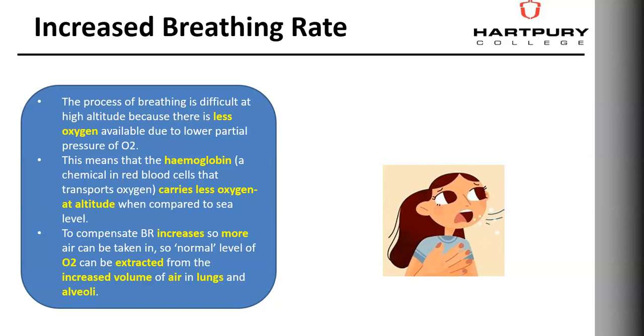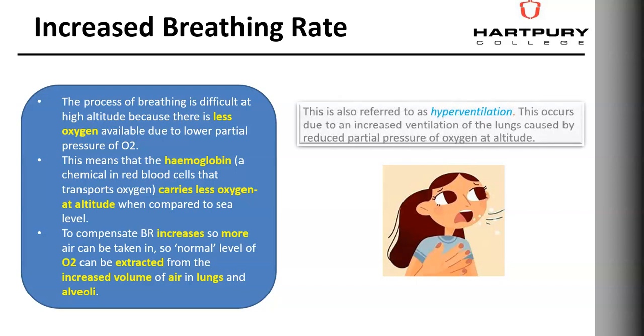This means that hemoglobin carries less oxygen at altitude when compared to sea level, so we compensate by increasing our breathing rate so that more oxygen can be taken in and extracted, increasing that volume of air in the lungs and alveoli. So this can also be referred to as hyperventilation, so that occurs due to an increased ventilation of the lungs due to that partial pressure being decreased at high altitude.